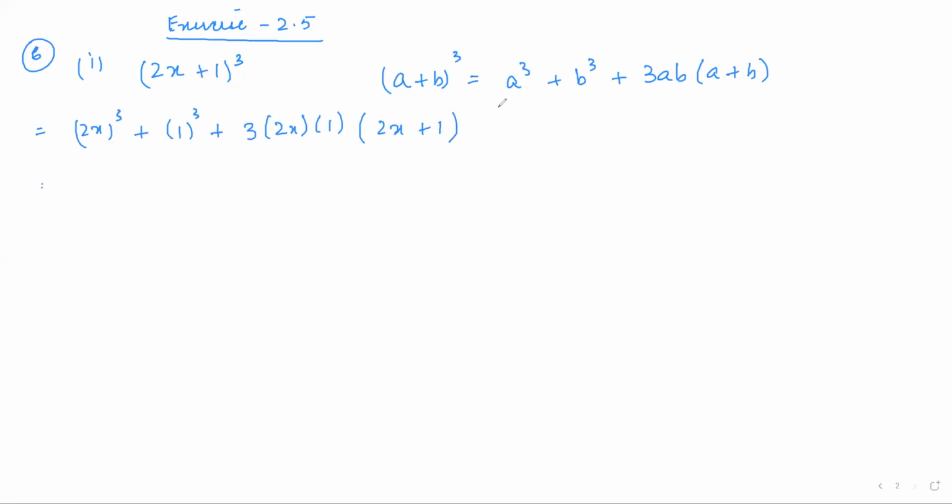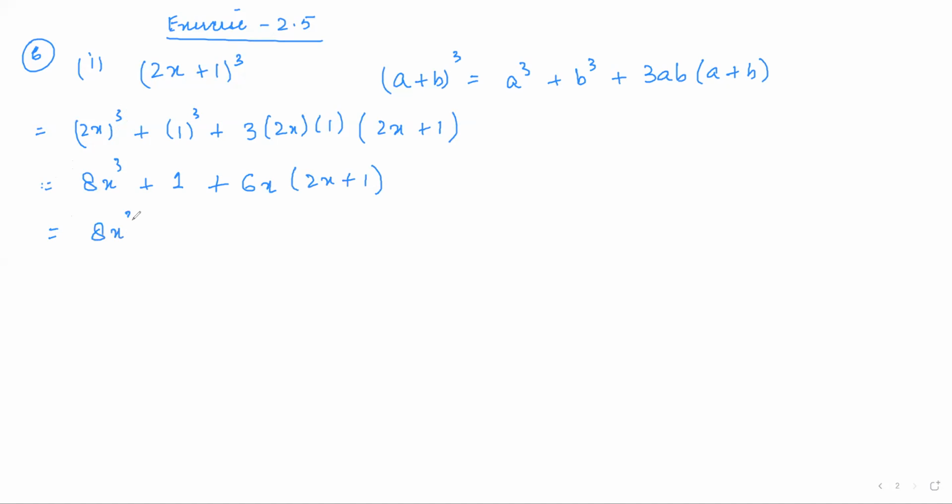Okay. So 2x cube means 2 into 2 into 2. So you get 8 and the next cube. Plus 1 cube is 1. 3 into 2, 6x into 2x plus 1, right? So now you can multiply the bracket.